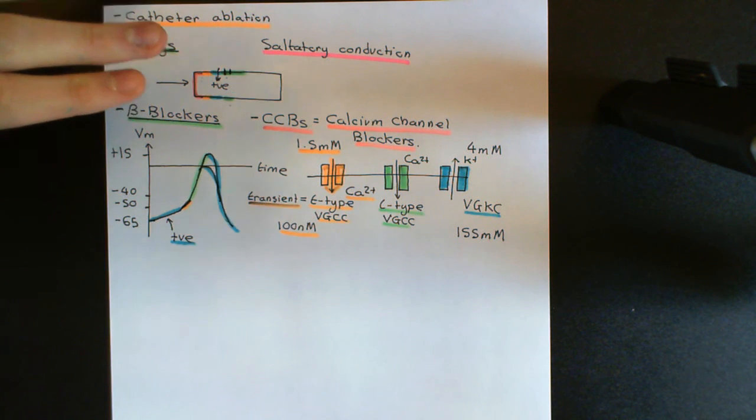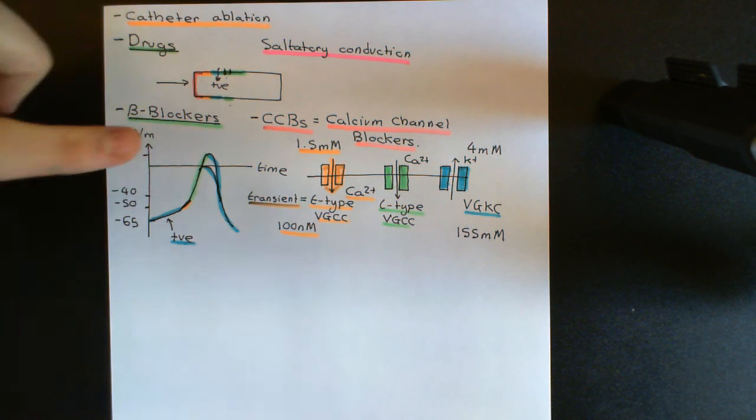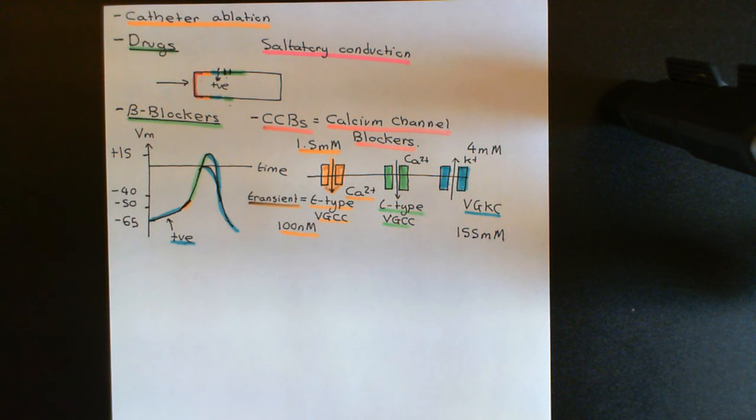So I hope you understand why, if we reduce the amount of positive charge that we bring in the upstroke of the action potential, the speed at which saltatory conduction is going to cover a certain portion of membrane is going to be reduced, because when you activate the neighbouring portion of membrane to undergo an action potential, how far that neighbouring portion of membrane extends is determined by how much positive charge you've brought in.